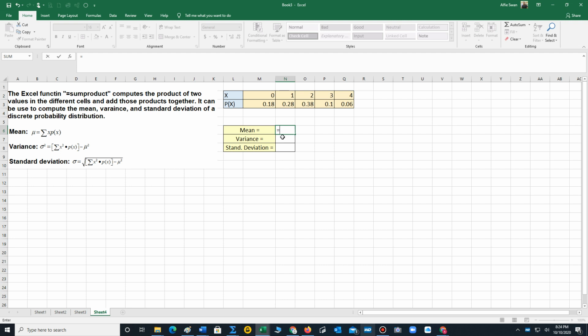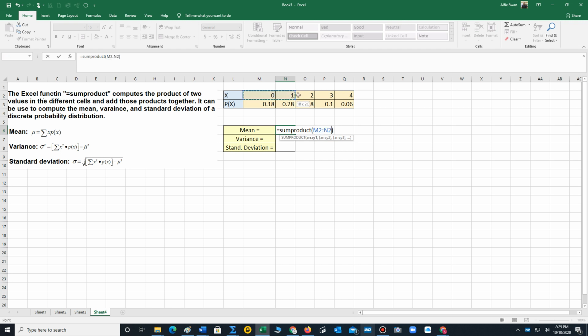So we type in the equal sign to inform Excel that we wish to activate one of its built-in functions. Next, we type in sum product with a pair of parentheses to contain our array of values. Inside the parentheses, we select the first array of values.